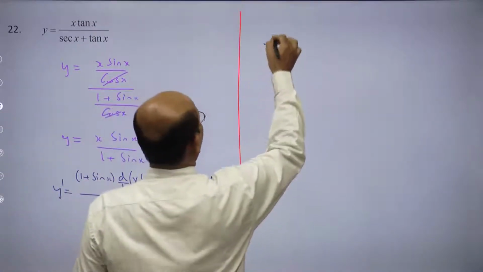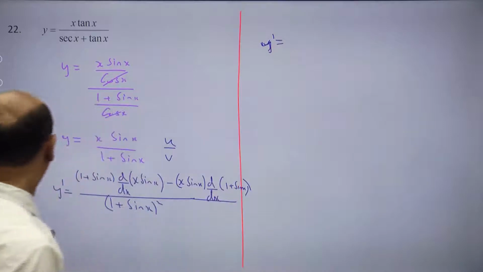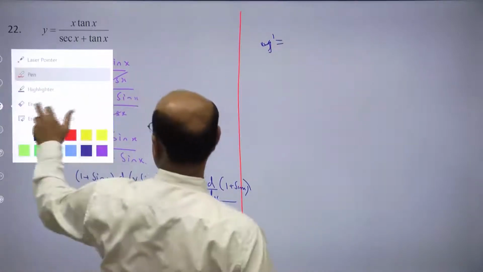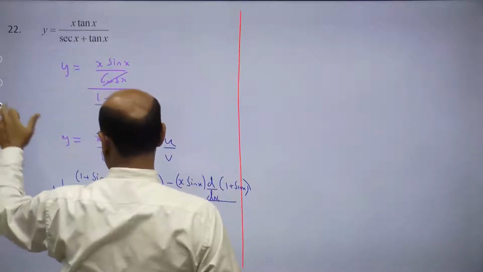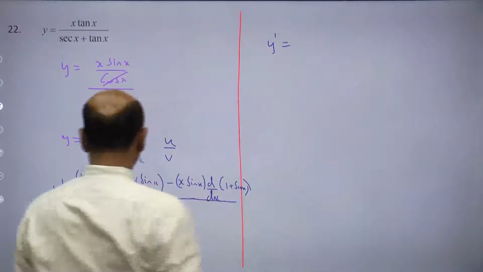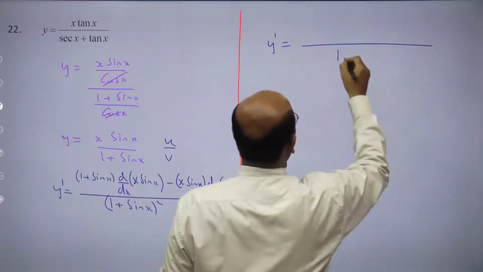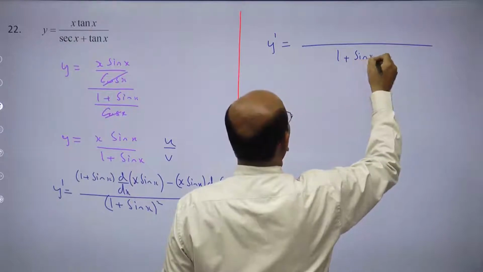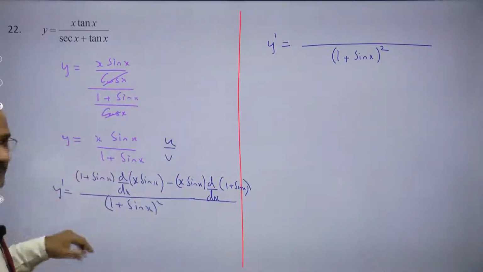So, y dash is equal to what happens here? One plus sin x whole square. Right. Okay, now pay attention.